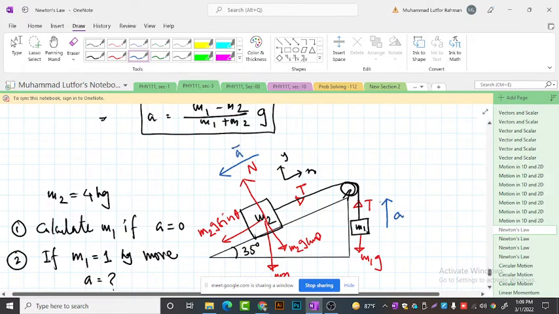All right, so if after doing that calculation I find that a is negative, it means it moves in the opposite direction of my assumption, with the same acceleration. But if after doing that calculation I find that a is positive, then my assumption is right, and it will move towards that direction.